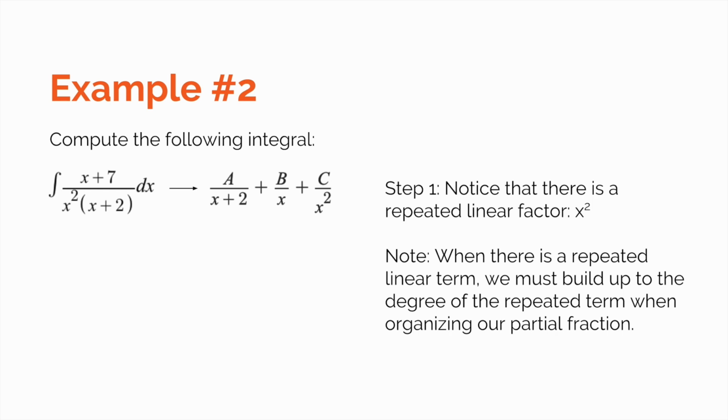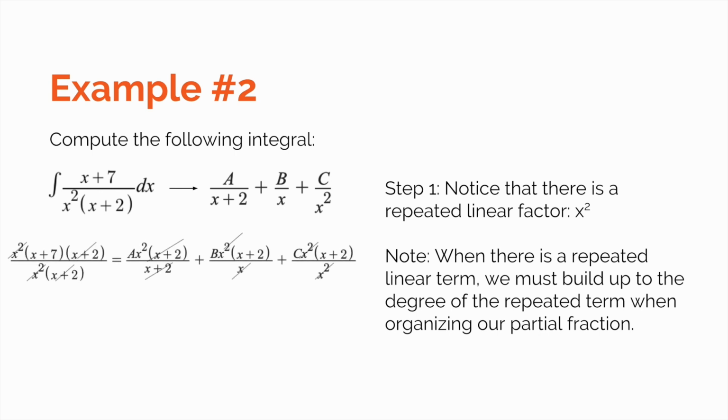That's what I meant by building up. And once we get past this, the rest of the problem is just following the same steps as before: multiplying both sides of the equation by the denominator of our original function, simplifying each term, and plugging in x values to solve for our constants.